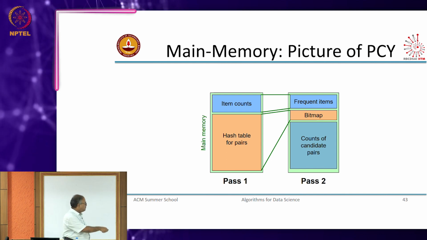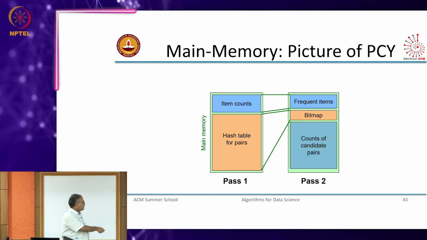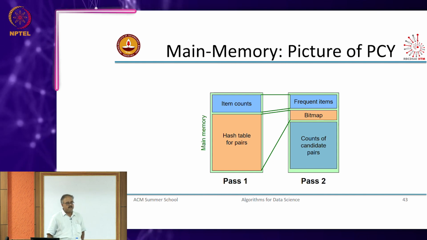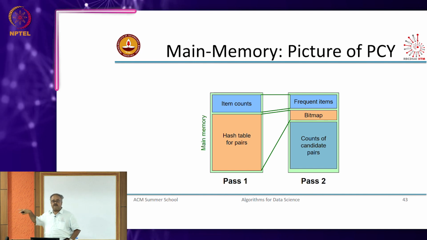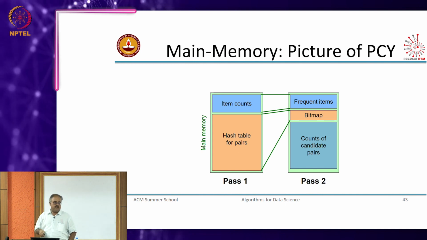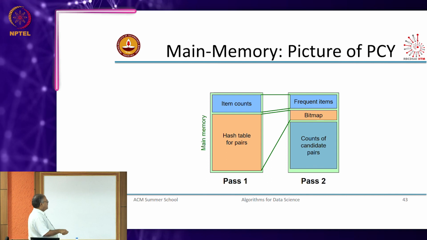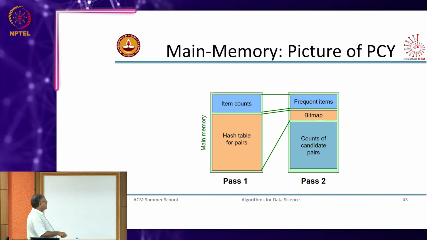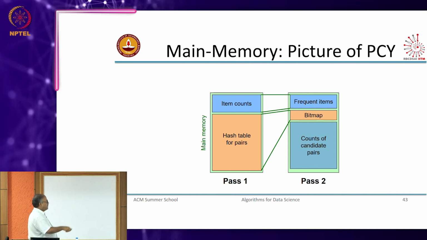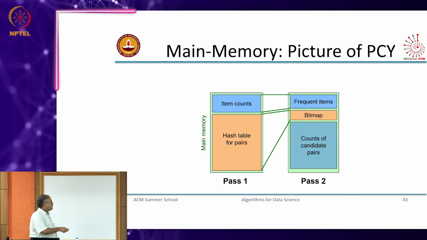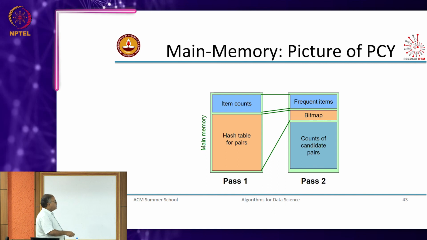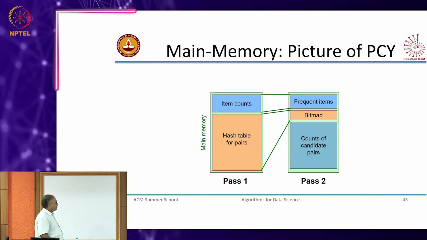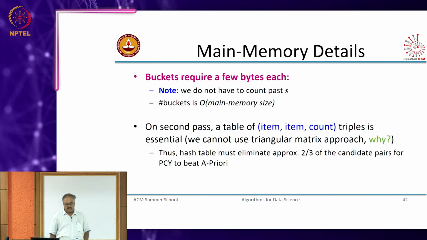So I need to have some representation of the count in the hash table, because without access to the count I will not know which pairs were frequent, right. So what I do here is I have a way of summarizing this hash table into a bitmap, right. So now I have my original set of frequent items, I have a bitmap that tells me about this hash table, and then I count the candidate pairs, okay.